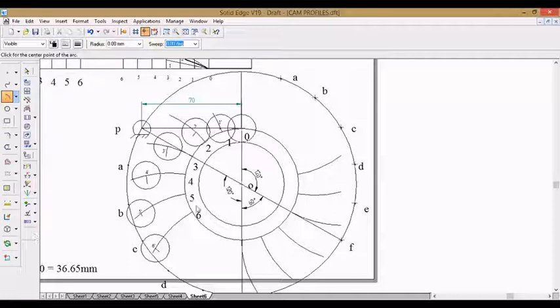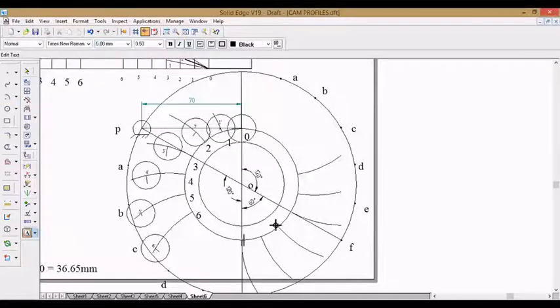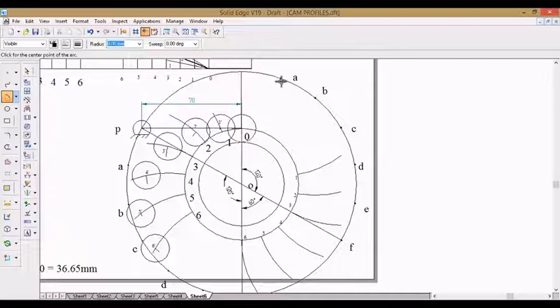So this gives you the reverse numbers: 6, this is 5, 4, 3, 2, 1. Okay, and 0 also you need to draw. So from here, 70 mm radius. So this is 0.